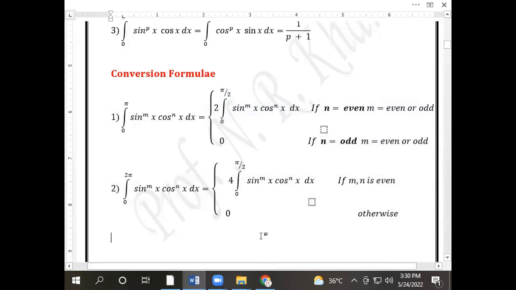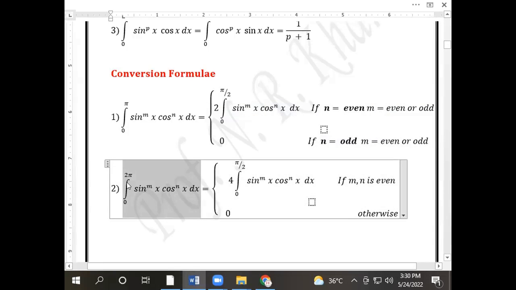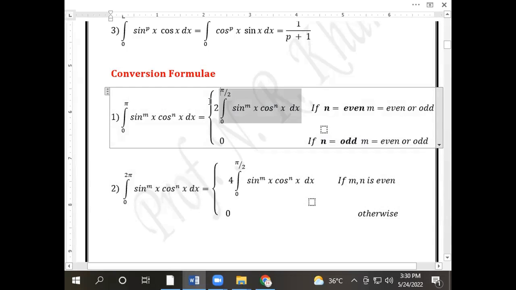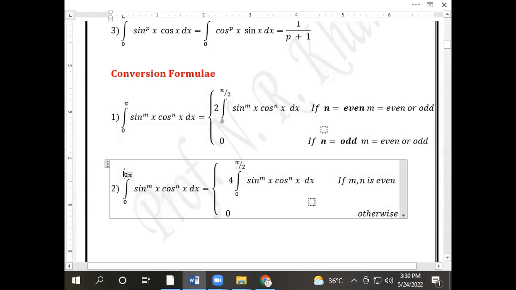then the integration to pi is getting multiplied by 4. This condition is true only when both m and n are even.